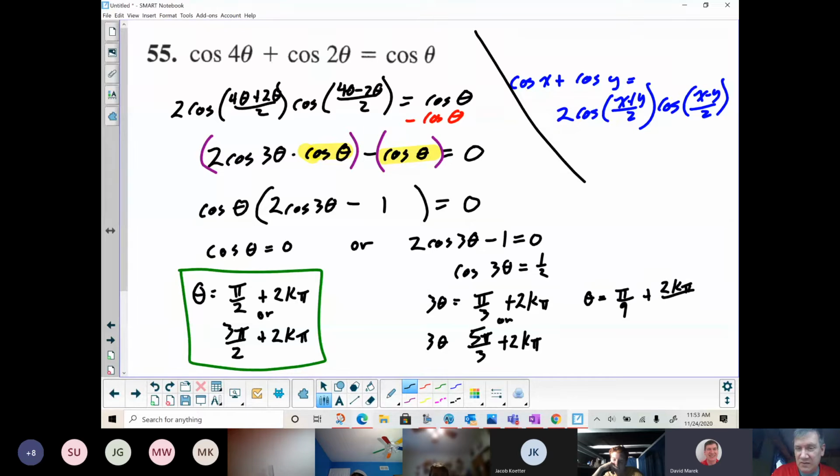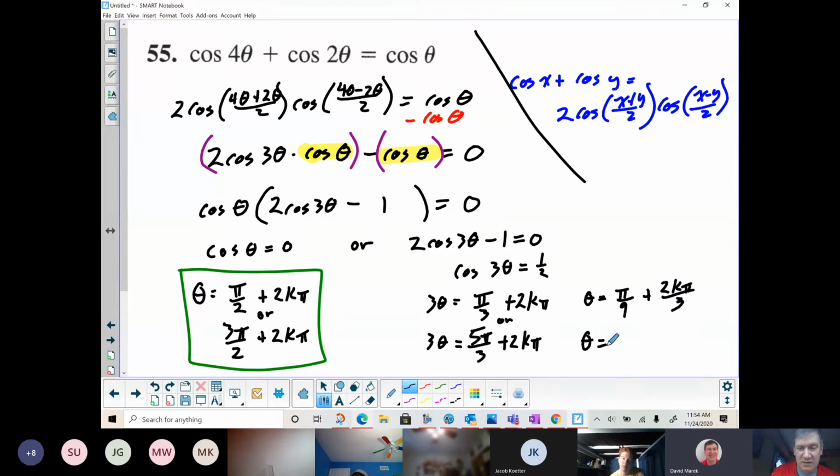Two k pi over 3. Now again, nothing reduces there. So I would say, if we're leaving this value in fractional form, we can leave the second one the same.